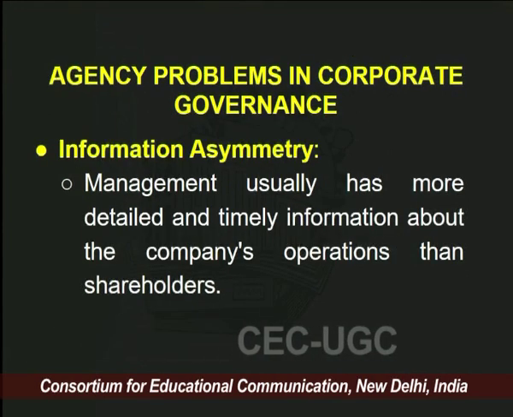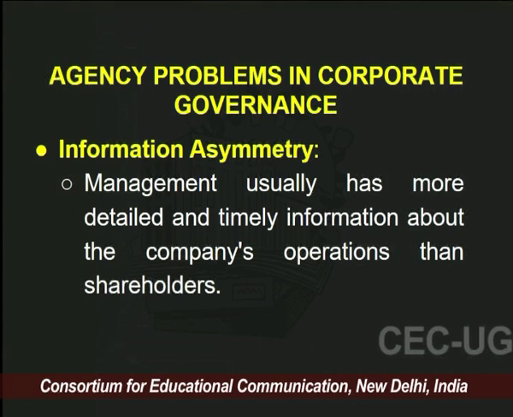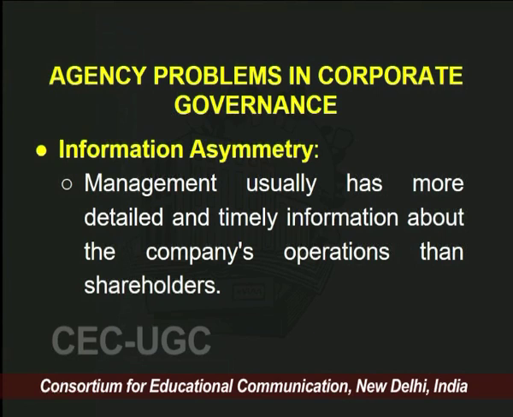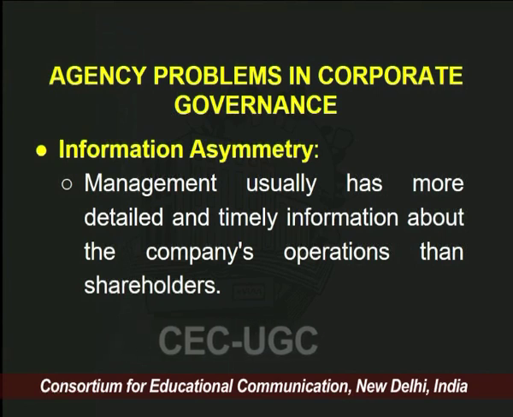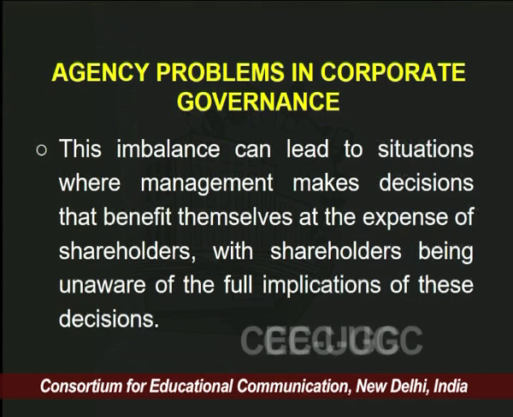The information asymmetry: the management usually has more detailed and timely information about the company's operations than the shareholders. This imbalance can lead to situations where the management makes decisions that benefit themselves at the expense of the shareholders, with the shareholders being unaware of the full implications of these decisions.